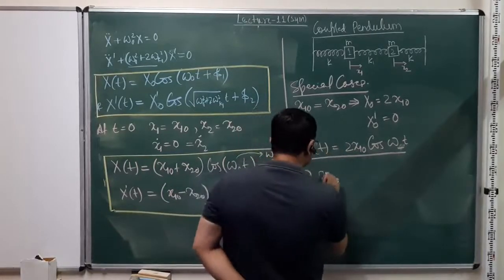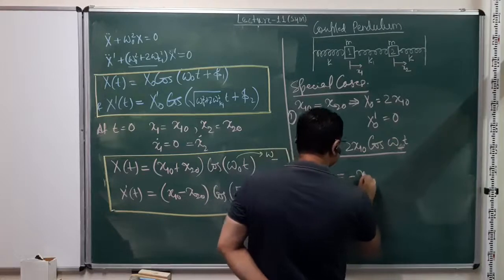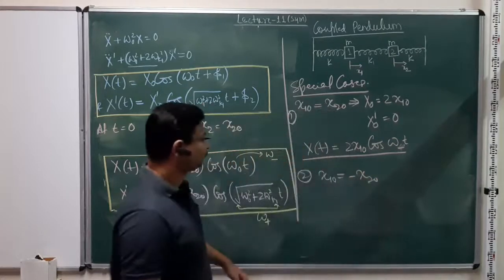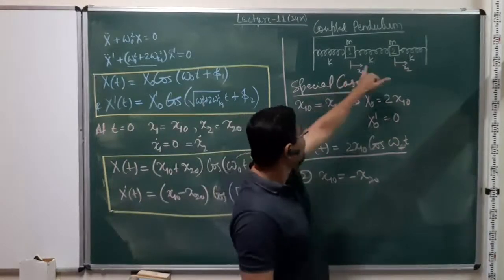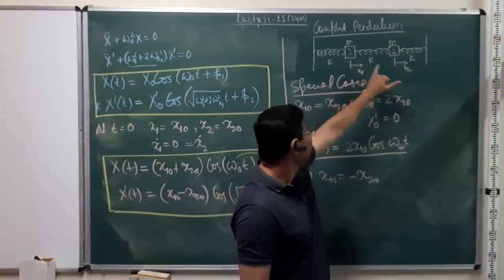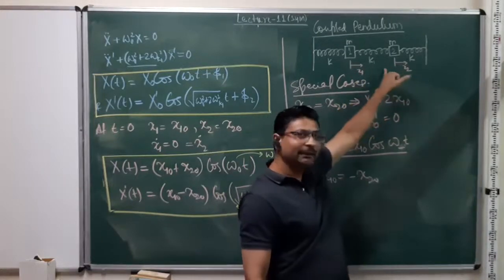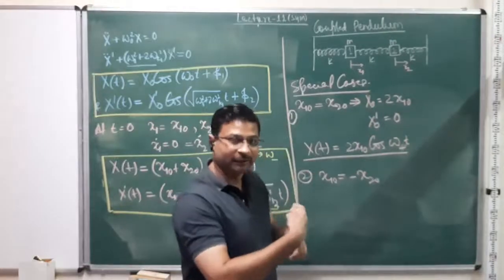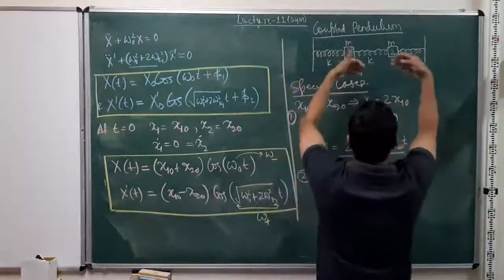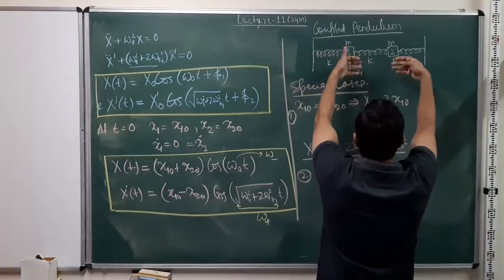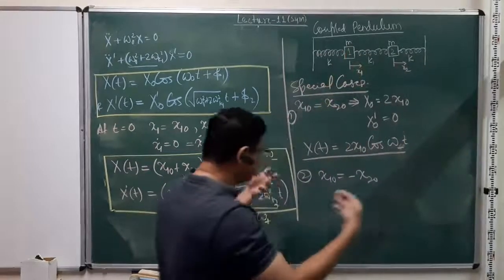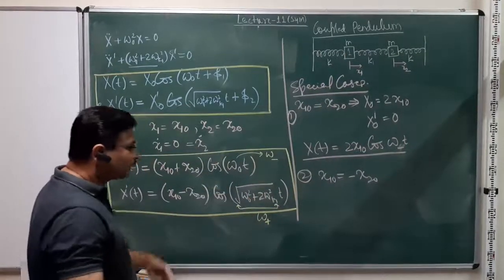Case 2 would be when x10 is minus x20. So mass 1 is displaced by some amount x1 and mass 2 is displaced by the same amount, however in the opposite direction. So they are both stretched in the opposite direction, and initially the coupling spring is compressed.